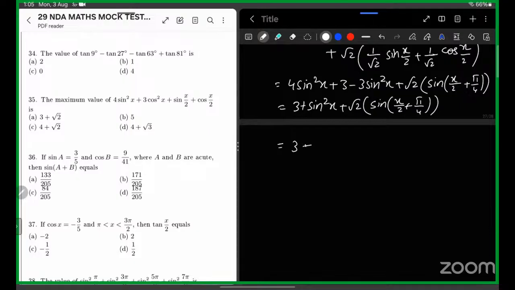Maximum and minimum value of sin x. If I replace it with 1 for the maximum value, root 2, here also sin is there. If I replace this also with 1, what does this become? 4 plus root 2.